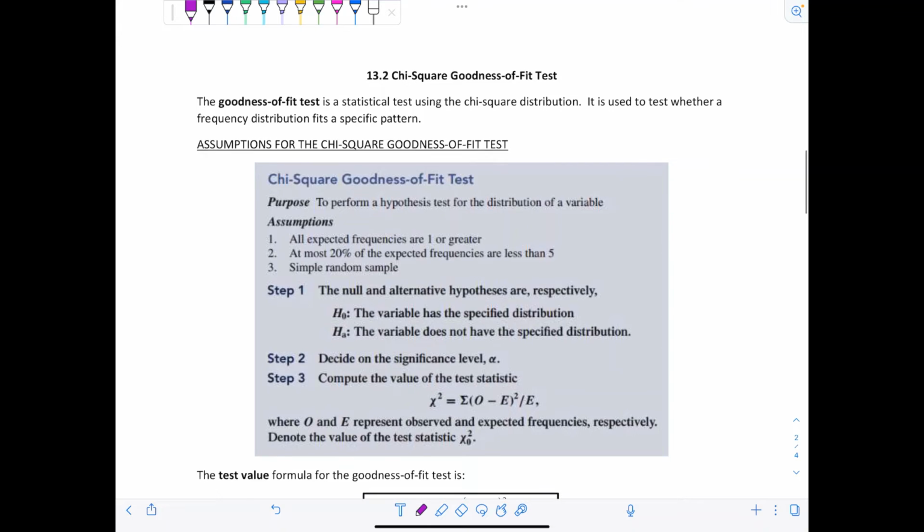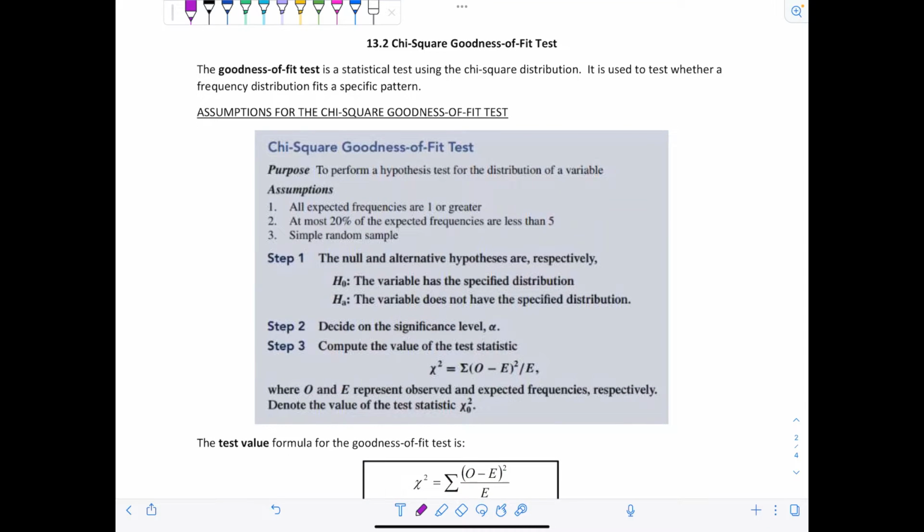So let's just jump into 13.2, which covers the chi-square goodness of fit test. There are different hypothesis tests that call for using the chi-square distribution or chi-square as your test value. The first one we're going to study is the goodness of fit test. And it's a statistical test that is used to determine whether a frequency distribution fits a specific pattern.